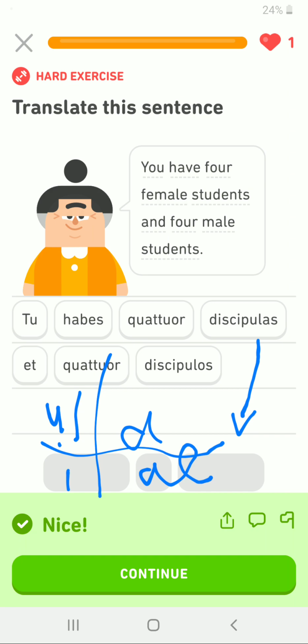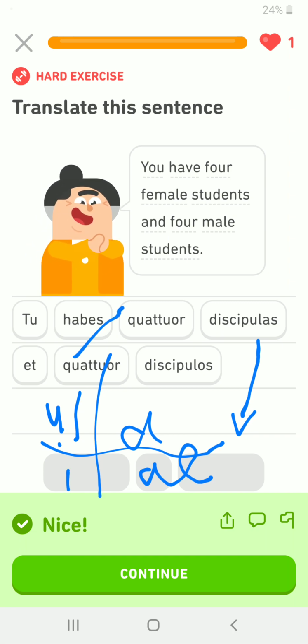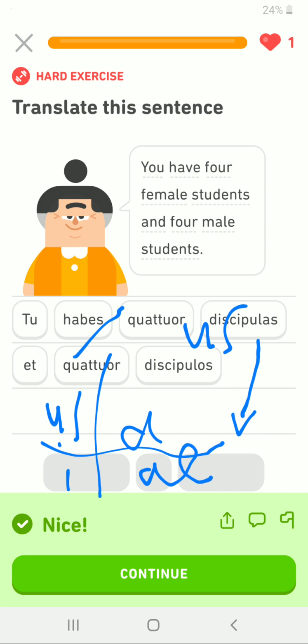It's quite difficult to understand because we have to understand also what would be discipulos.